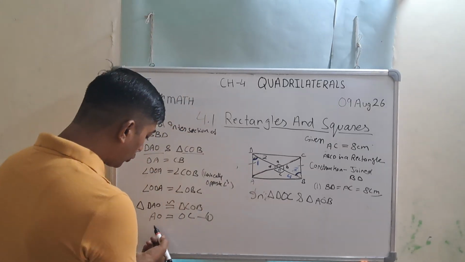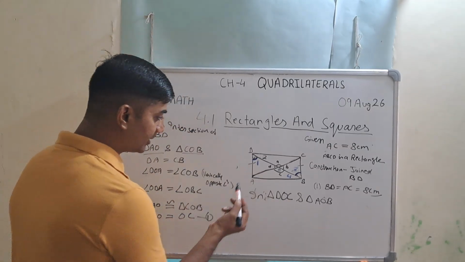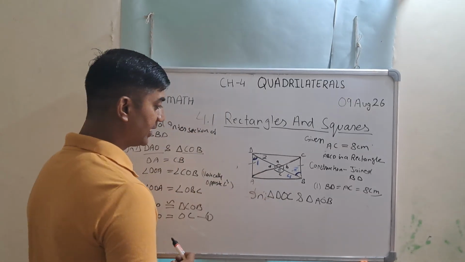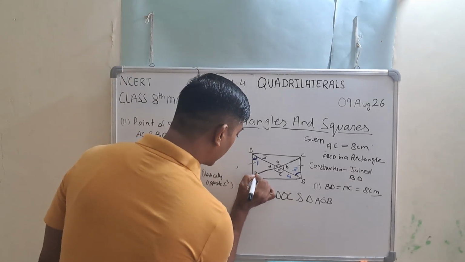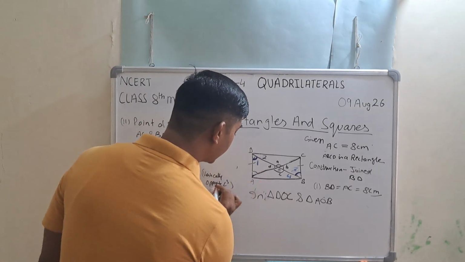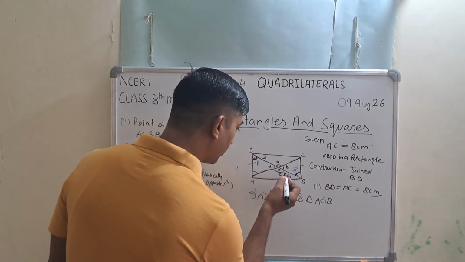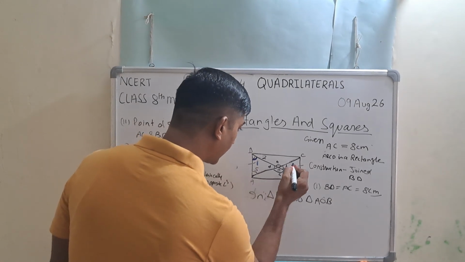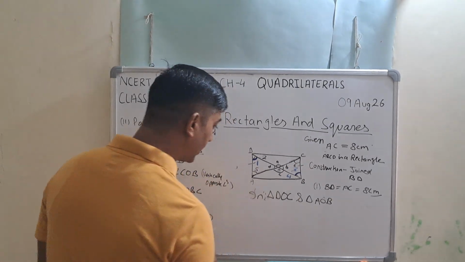Or we can conclude in this also that since these triangles are congruent, what is this angle? This angle we can name as 5. This angle is 6.